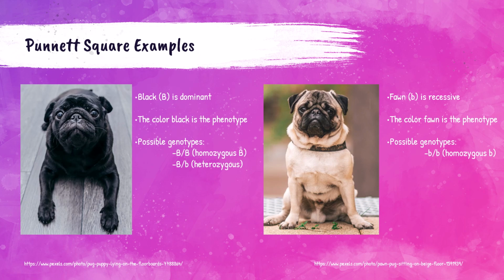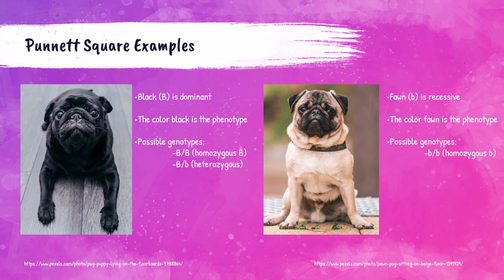For this dog on the left, it's a black pug. It's a cute little guy too. There are two possible genotypes for every pug that is black. They can be big B, big B, which is homozygous, meaning that they have the same identical alleles, or heterozygous, big B, little b.